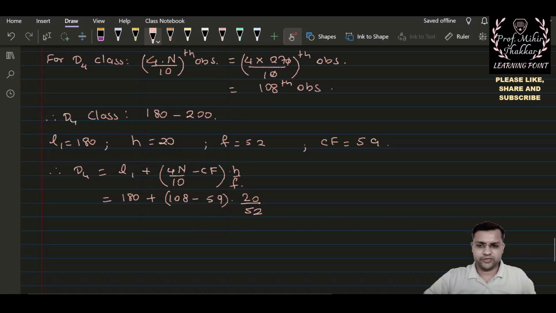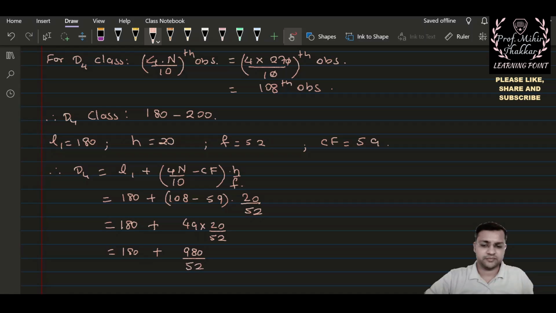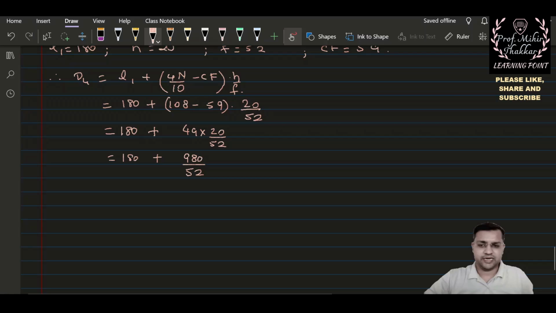So that is 180 plus 49 multiplied by 20 divided by 52, and when I solve this I get 180 plus 980 divided by 52, which is approximately 18.84.